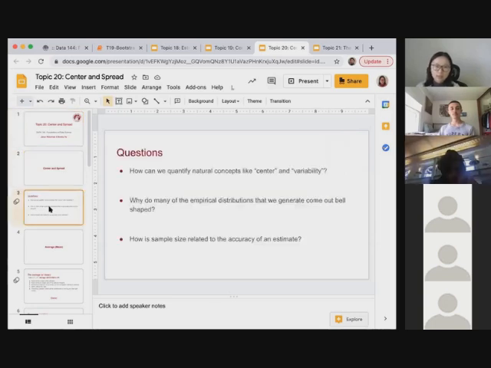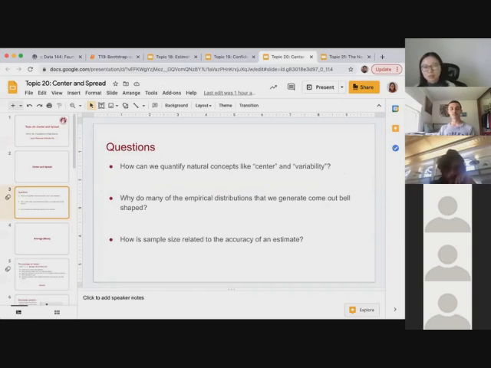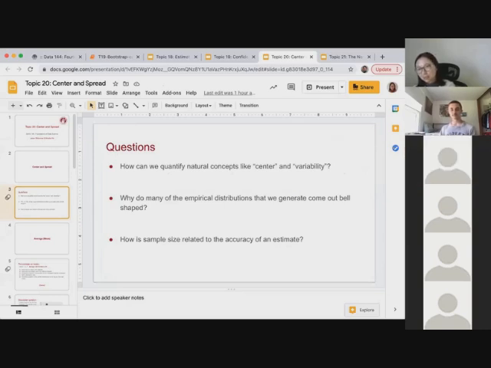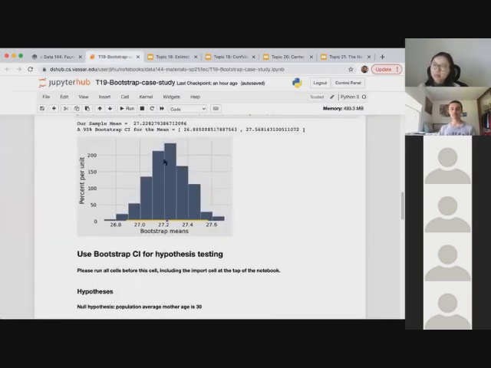Just a few questions for all of you, and then I will put you in a breakout room so I can take a break as well. How can we quantify natural concepts like center and variability? Center is like the middle point, and variability is like the spread. Why do many of the empirical distributions that we generate come out bell-shaped? If you remember, most recently we did this one, sort of bell-shaped, sort of symmetric.